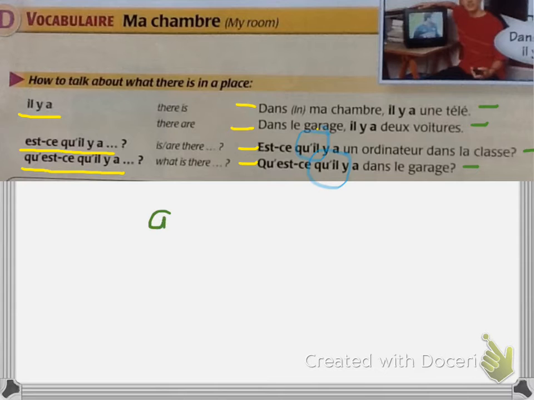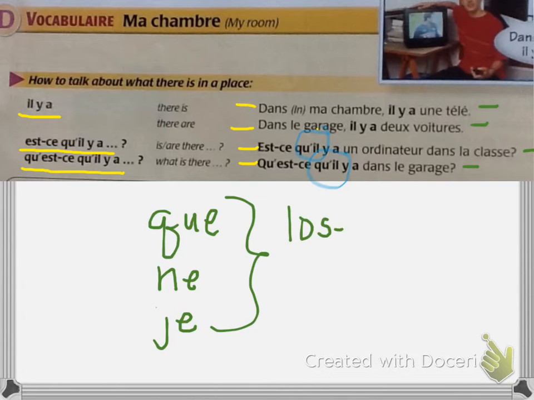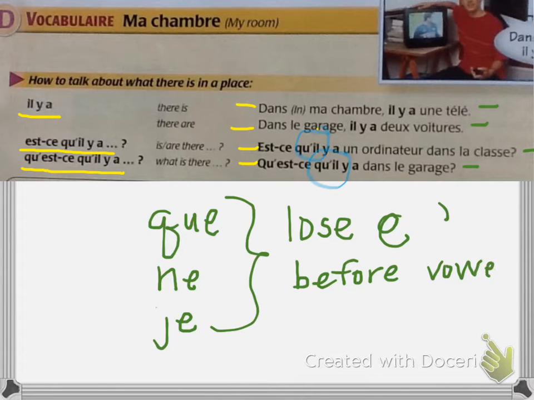Remember que, like ne and je, all these short little words in French lose their E and get an apostrophe before a vowel or a silent H. So that is why we see in est-ce qu'il y a and qu'est-ce qu'il y a the QU apostrophe, because il y a starts with a vowel.